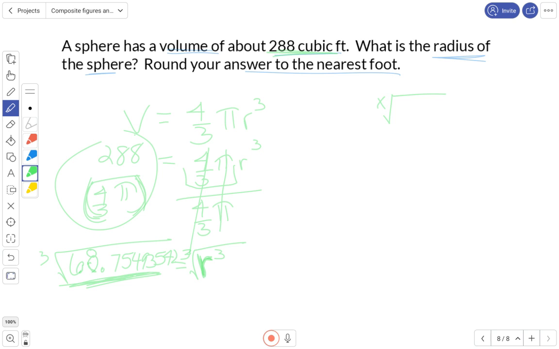First, we have to hit the number 3 and then hit the second button, because what that's going to do is put 3 in for the x. So it's saying 3, hit the second button. That's going to indicate you're doing the cube root. And then you are going to type in 68.75493542, however long your calculator shows what you're taking the cube root of.